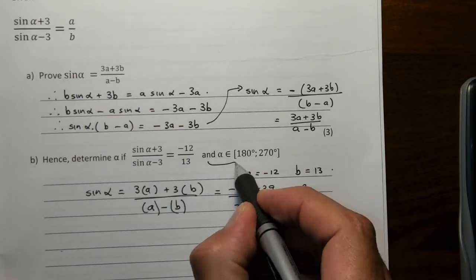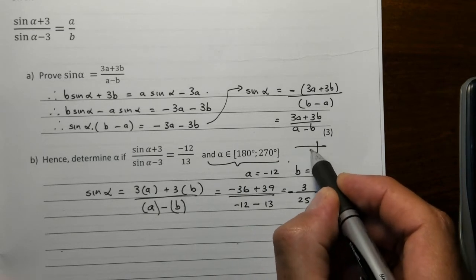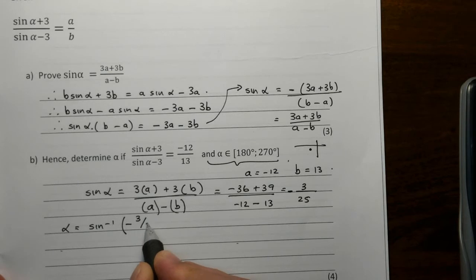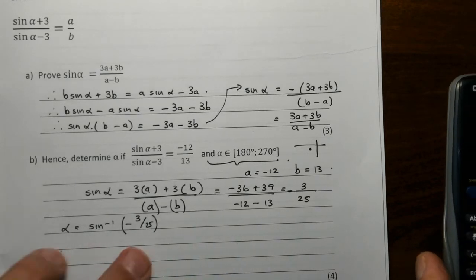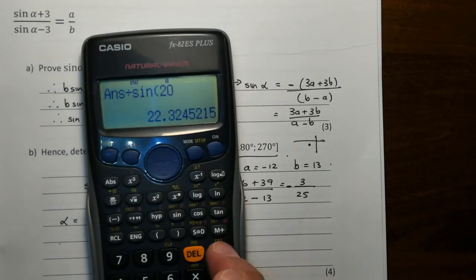Now look at where I'm solving. I'm solving in the third quadrant. The angle I'm looking at is over there. Okay, so let me find that angle. Alpha will be the inverse sine of minus 3 over 25. Now let's put that into our calculator and see where that takes us.